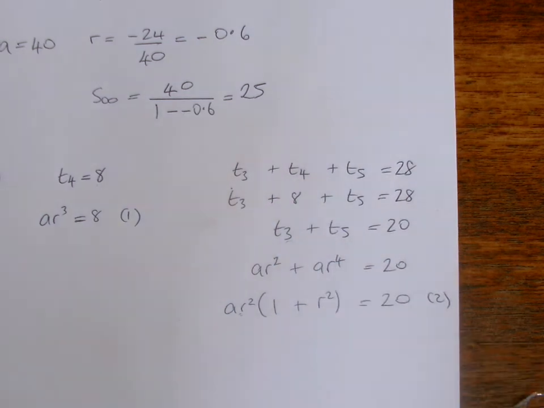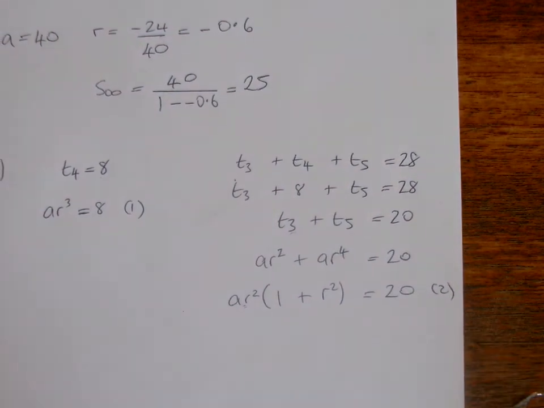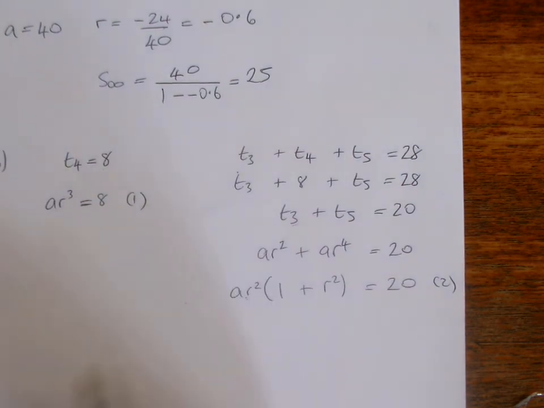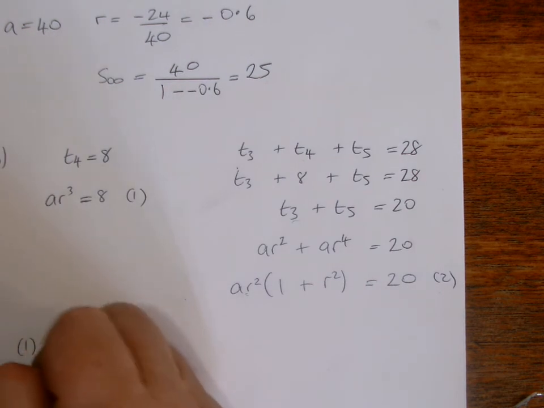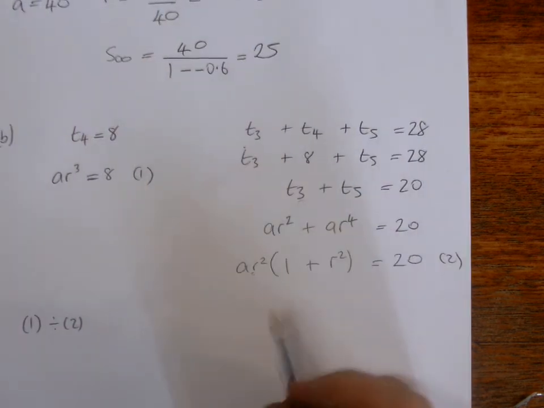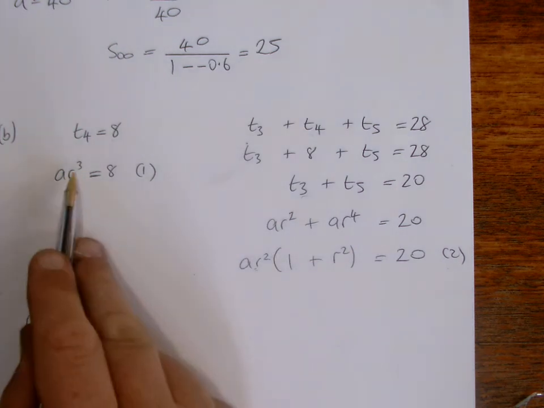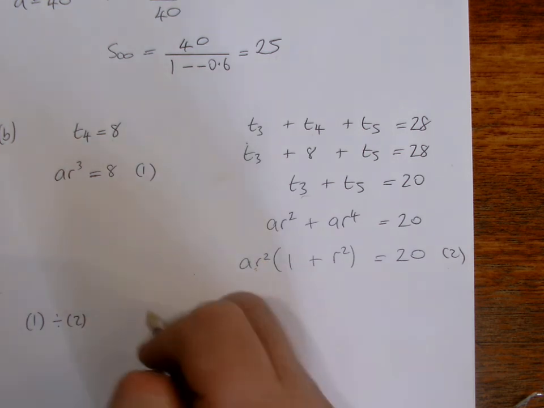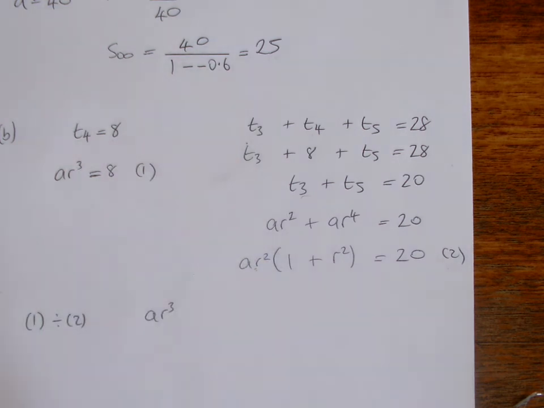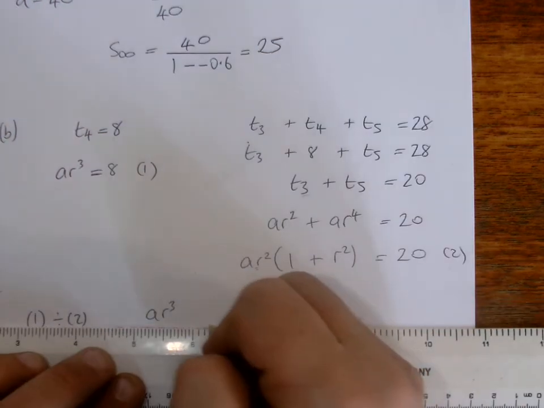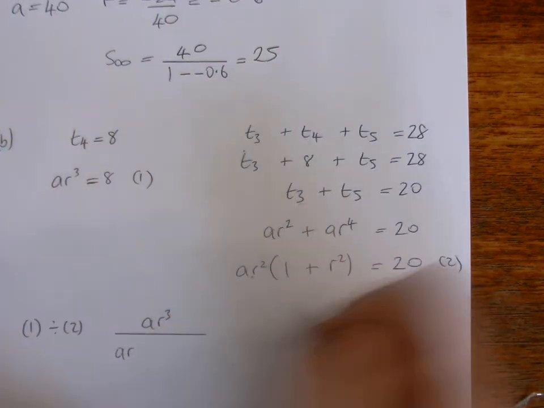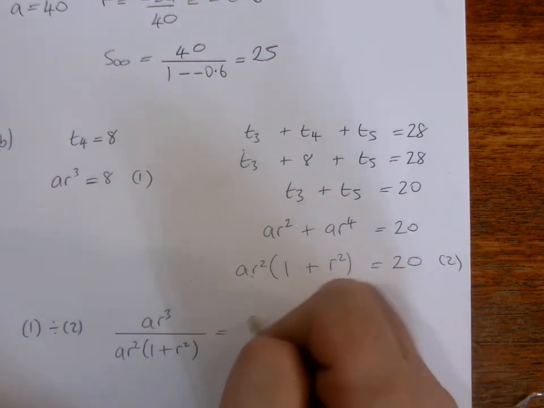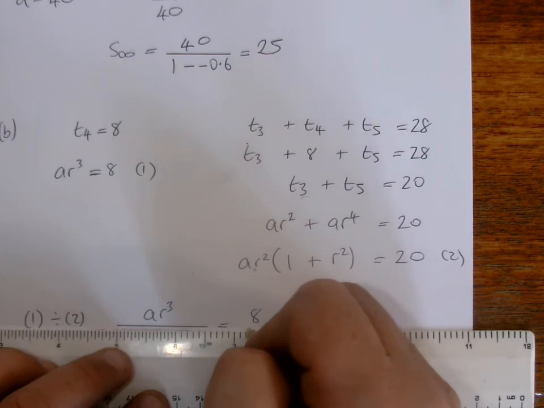So that's equation 2. What I'll do then is equation 1 divided by equation 2. We often have to divide with GPs, and I'm choosing 1 divided by 2 because we've got the higher power of R there compared to the R squared here. So you have AR cubed in equation 1 divided by AR squared times 1 plus R squared in equation 2, equals 8 from equation 1 divided by 20.